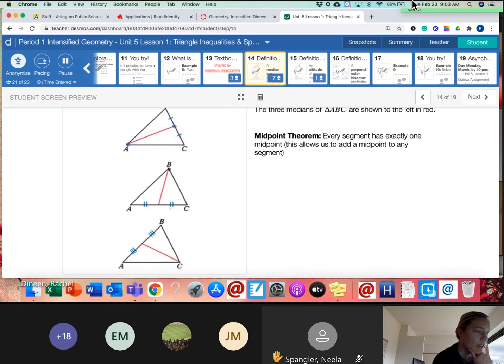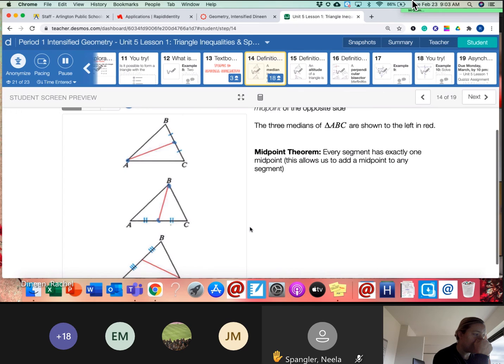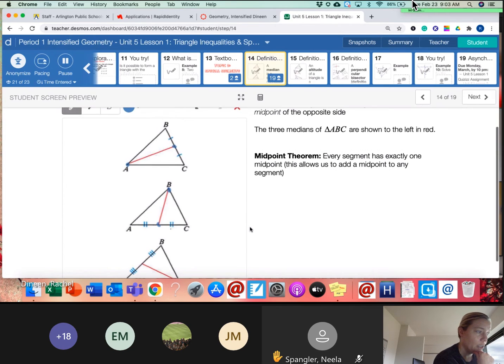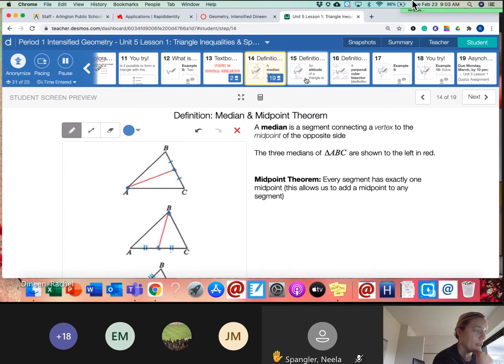All right, so here I have the vertex, goes to the midpoint, and it cuts the third side in half, and same with this one. The midpoint theorem says every segment has exactly 1 midpoint. This allows us to add a midpoint to any segment that we want. So that is median.